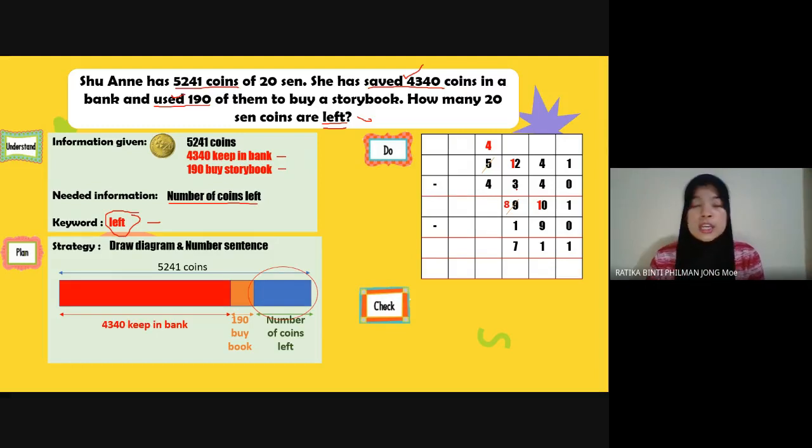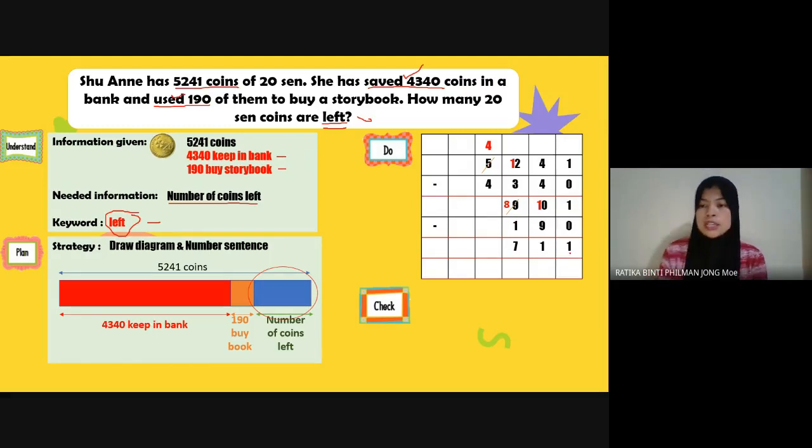So now you check. How to check? Okay, obviously kalau tolak, the answer is getting smaller. So you check lah. From 5,000, the first subtraction, is the number getting smaller? Yes, 101. Okay, now you check the second subtraction, is the answer getting smaller?